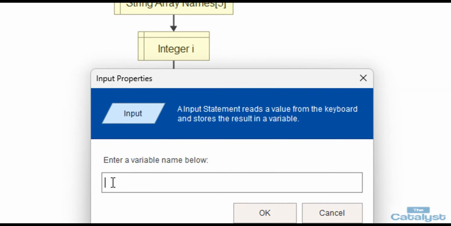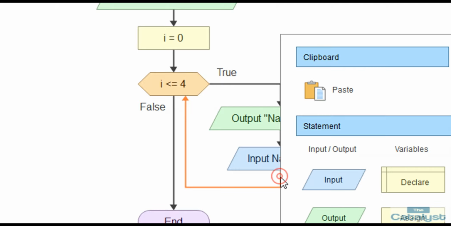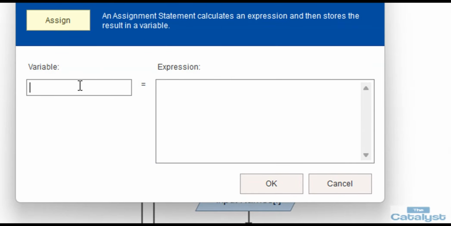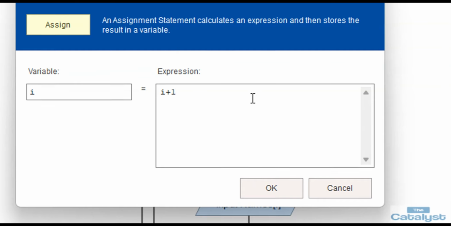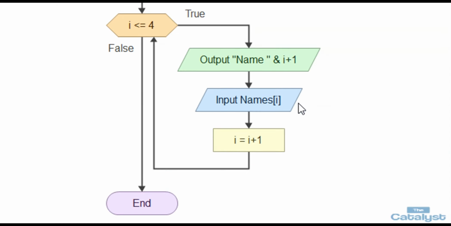So we'll type names, and then in square brackets we'll put our index I. We are also going to increment our counter each time, since we are using a loop, so that it can help us move through the array from index 0 to index 4. So we'll increment I by 1. I think with this, that's fine.